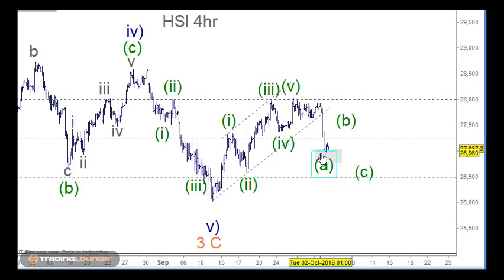It makes a good A wave, because the wave A is normally sharp. So in a correction going up, the A wave is normally sharp, then the B wave and the C wave are on more of an angle here. So I also want to wait here as well. I just need to see, I don't want to make any calls here for the time being.